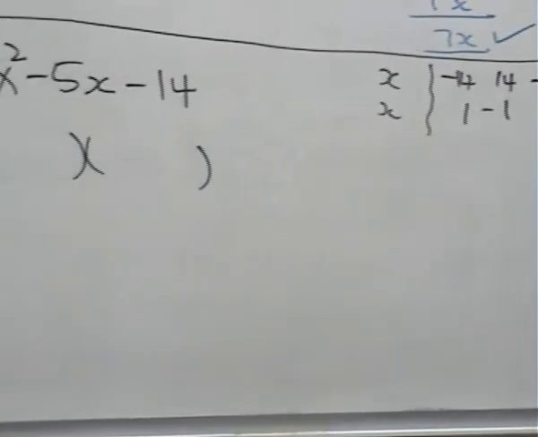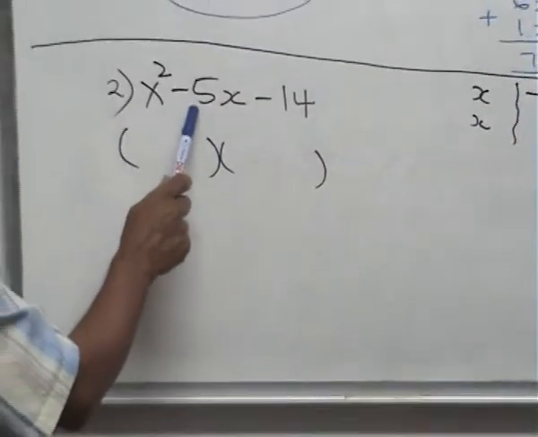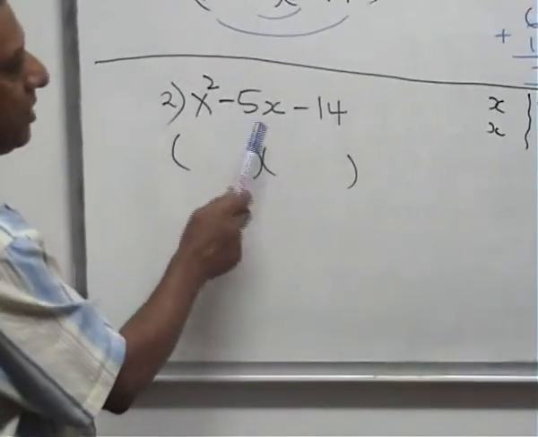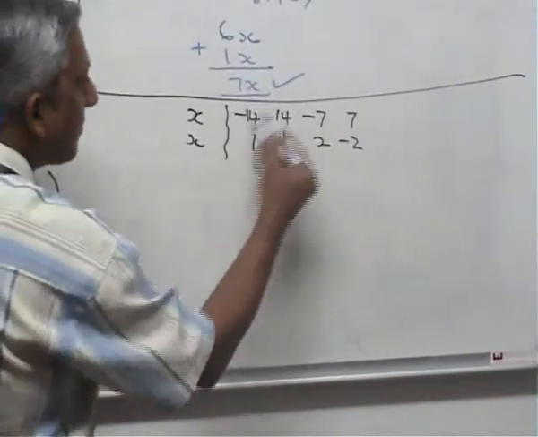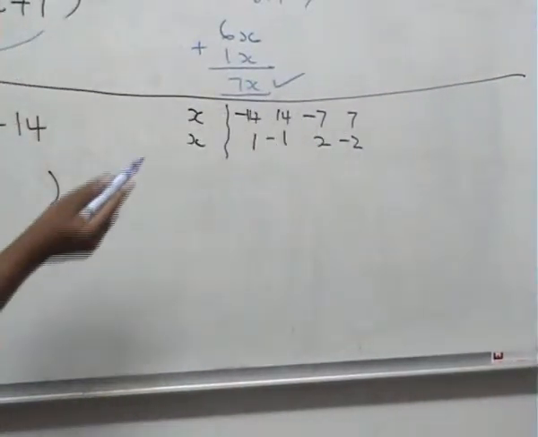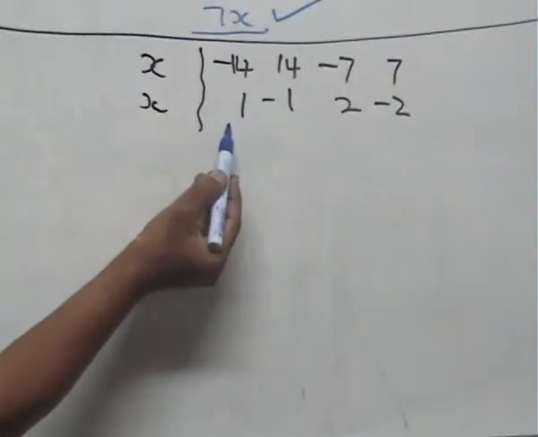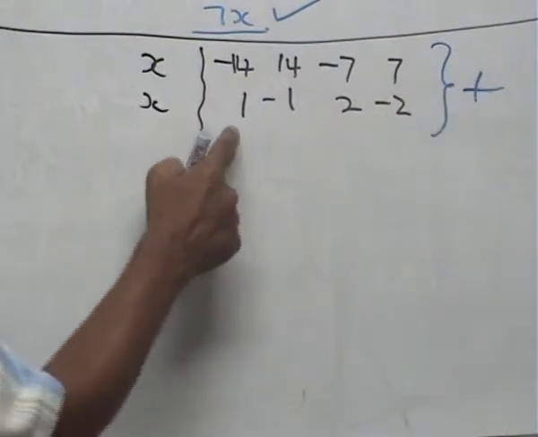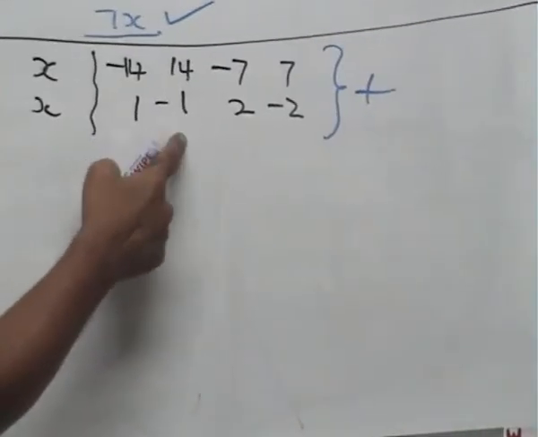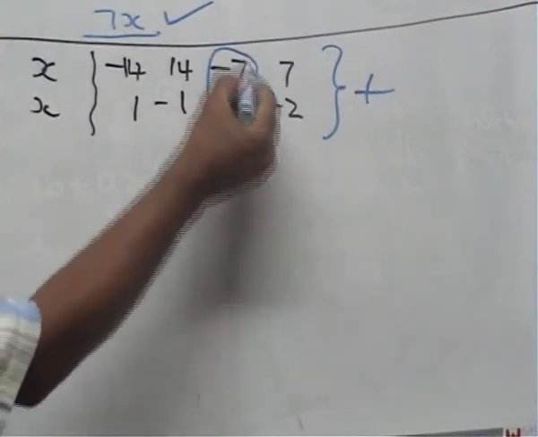Again, once you've done that, you look in the middle. You're looking for minus 5. Which two numbers, if you add them, will give you minus 5? Which two, if you add there, will give you minus 5? That will give you minus 13. If you add them, that will give you minus 13. That will give you plus 13. That will give you minus 5. Oh, so it's this one.